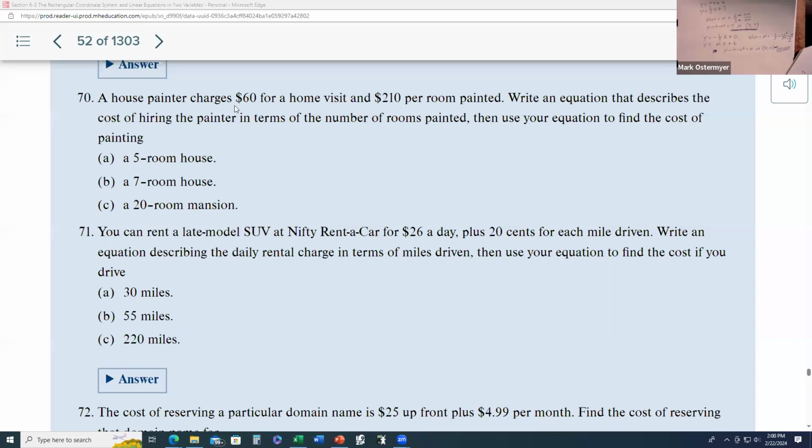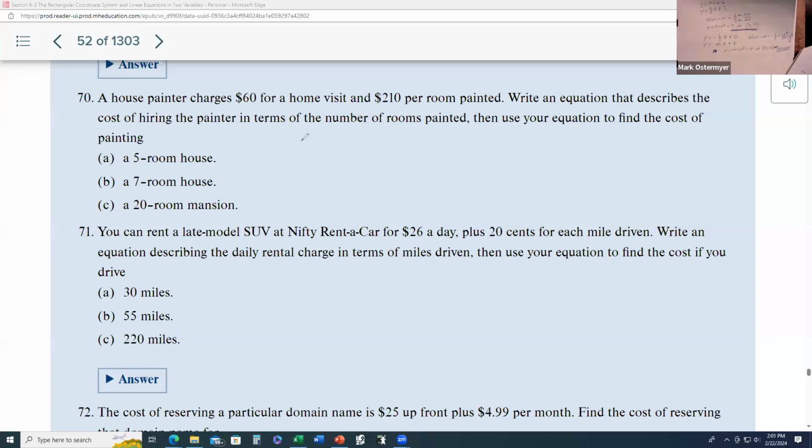A house painter charges $60 for a home visit and $210 per room painted. Write an equation, a linear equation that describes the cost of hiring the painter in terms of the number of rooms that will be painted. Then use your equation to find the cost of painting a house that has 5 rooms, or 7 rooms, or 20 rooms. You know, so we're all on the same page.